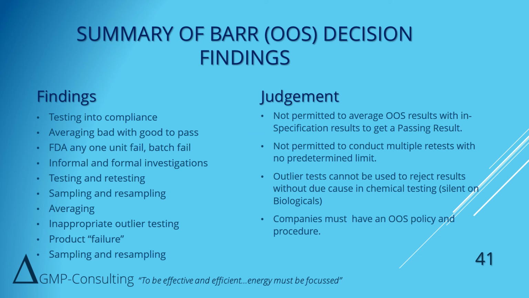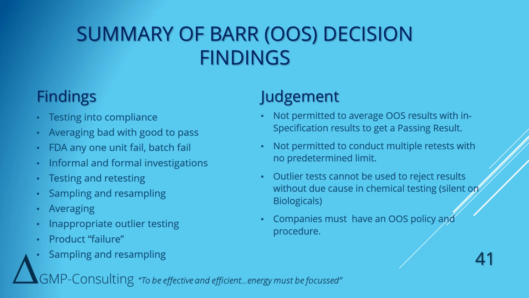And to finish off OOS, here are some of the findings and judgments of the original Barr decision that happened in the mid-90s in America, and it started the whole subject off really because the company was found to be testing into compliance, averaging bad and good results, sampling and resampling, testing and retesting, no end in sight to how much sampling and testing you can do.